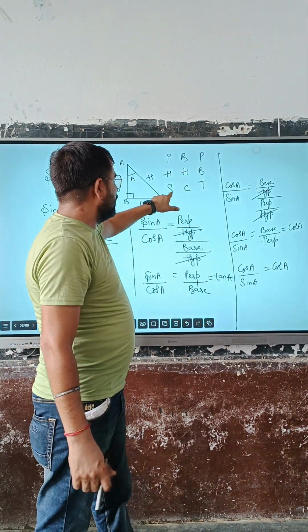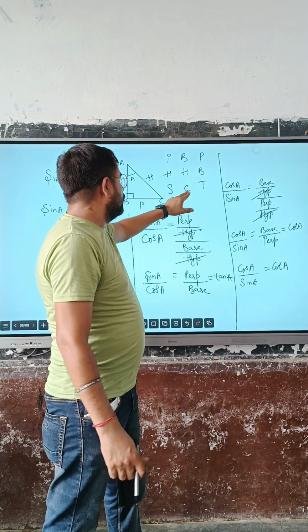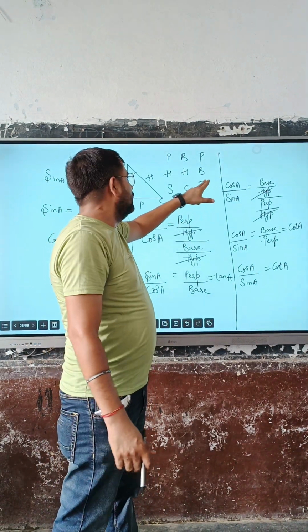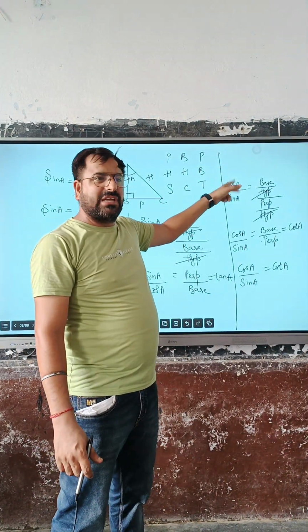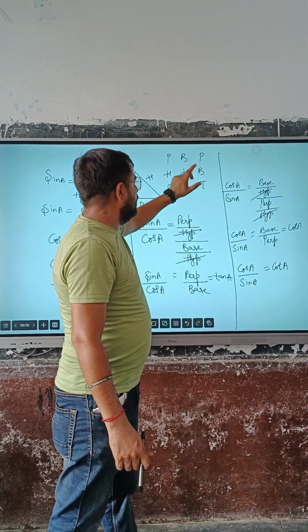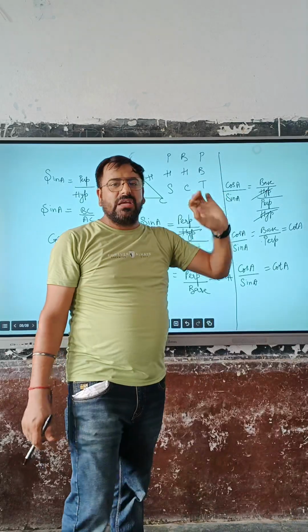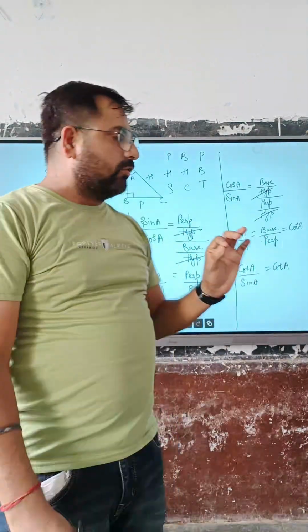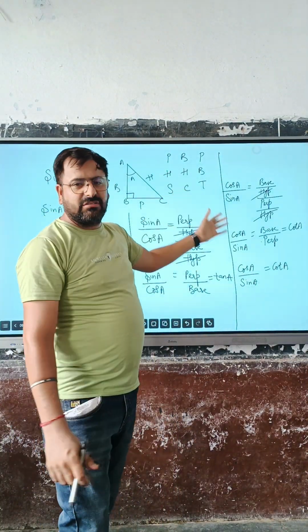S in sona means S for sin, C in chandi means cos, T in tole means T for tan. So this is a line through which we can easily learn this concept.